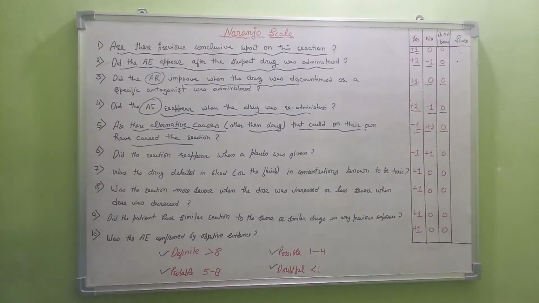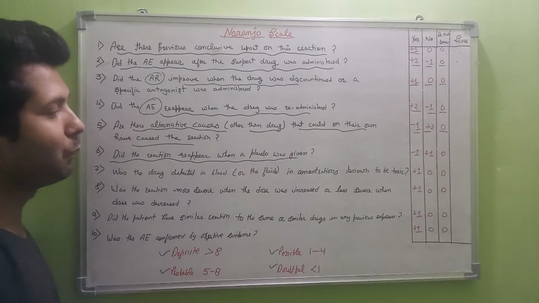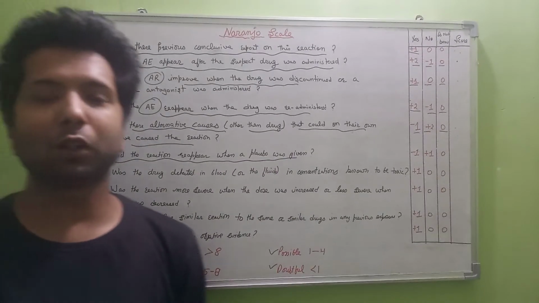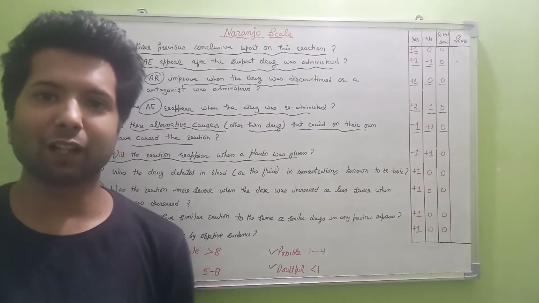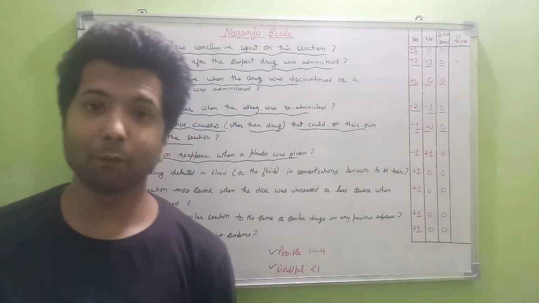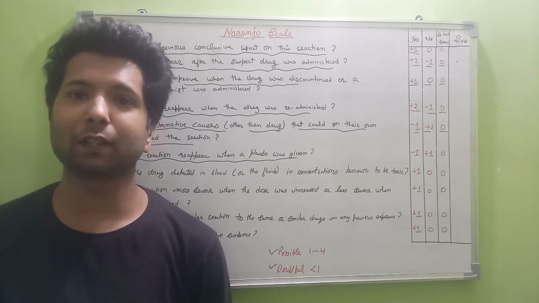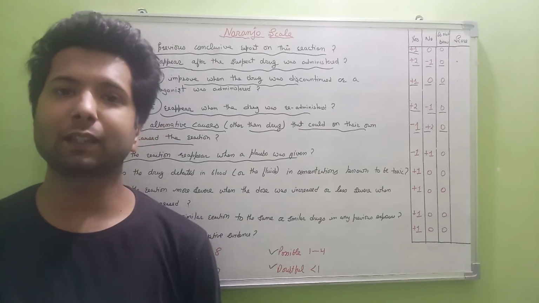Next is, did the reaction reappear when the placebo was given? A placebo is basically an inert substance without an active pharmaceutical ingredient. Suppose the patient develops the adverse event because the patient is on paracetamol therapy and develops the skin rash.